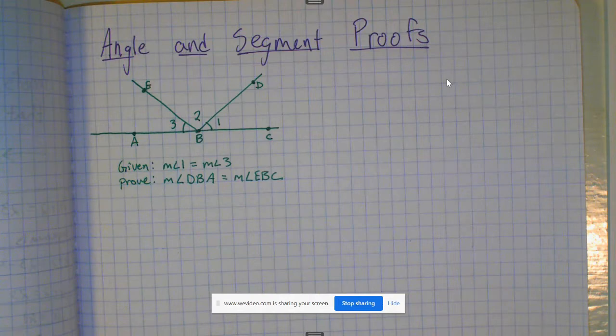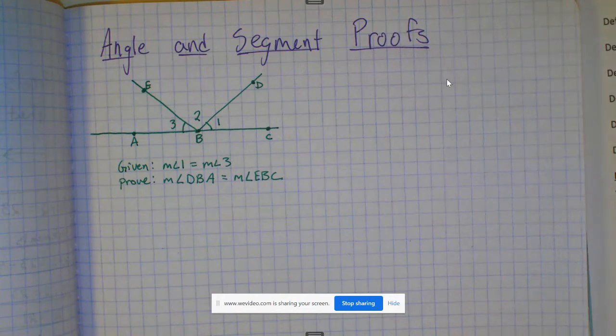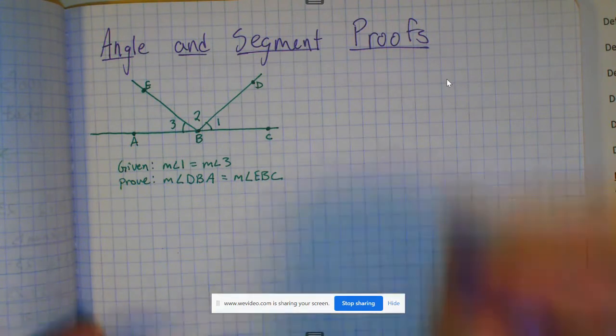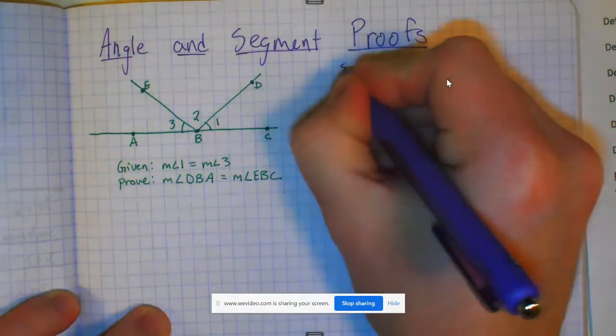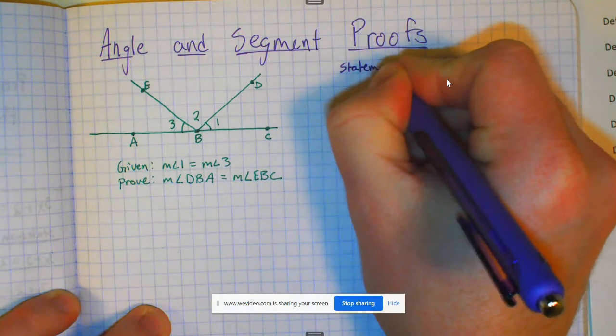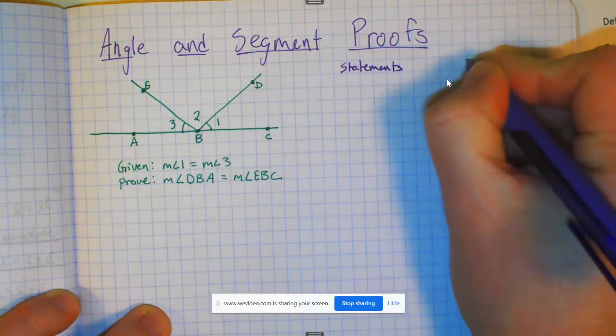There will be blank holes in the proof, and you're going to have to fill in the blanks. So on this first proof, we will start with our statements and our reasons.